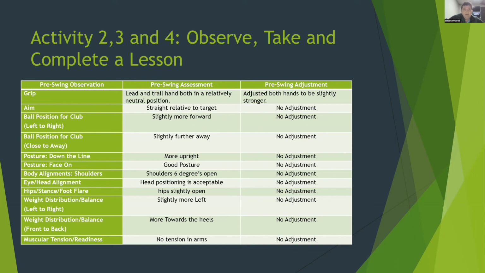So, with this student in particular, I talked in depth about how they were setting up, as you can see on the left. But really, the coach that I was observing didn't really adjust anything other than the grip. He made the grip a little bit stronger.